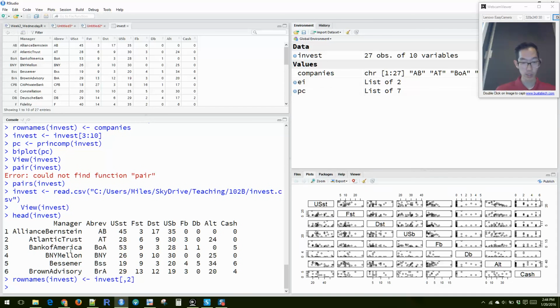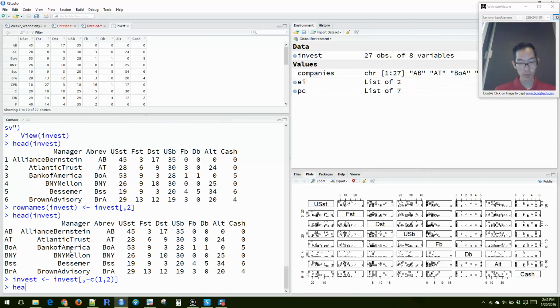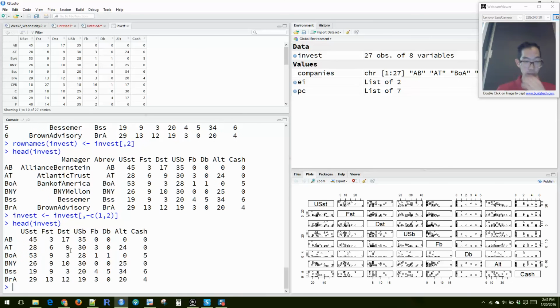Now if I look at head of invest, indeed we have that. And now I just want to get rid of columns 1 and 2. Okay, and now we just have the data in the columns.